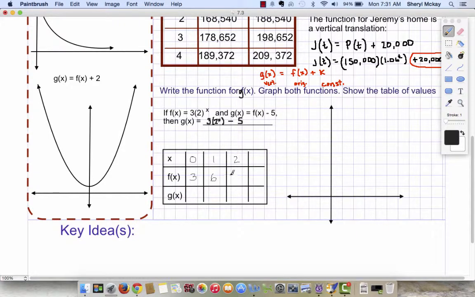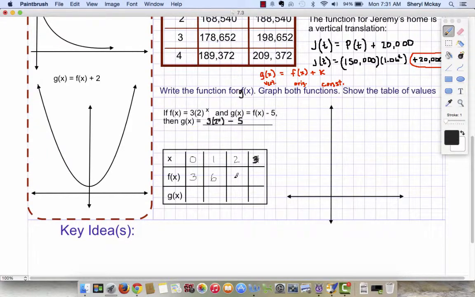You figure out what f of x would be for 2 and 3. So what did you come up with for 2?